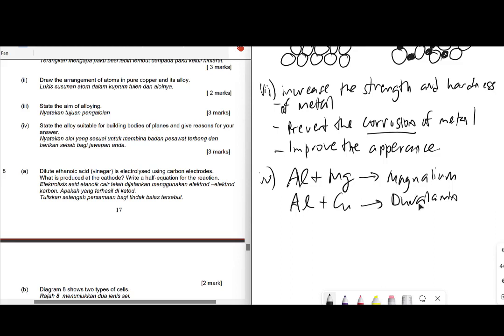Okay, give a reason. First reason, because it's stronger and harder. And the second reason, it can withstand compression or air pressure, because when you travel in a plane, you go to a higher altitude, it's high pressure, so it must be able to withstand high pressure or compressions of air.